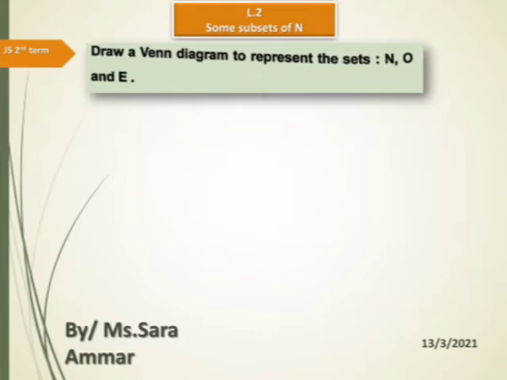Now he's asking us to draw a Venn diagram to represent the sets natural, odd and even. N is natural, O is for odd and E is for even. To represent it with a Venn diagram, we said that odd is a subset of natural and even is a subset of natural, so they are both parts of it.